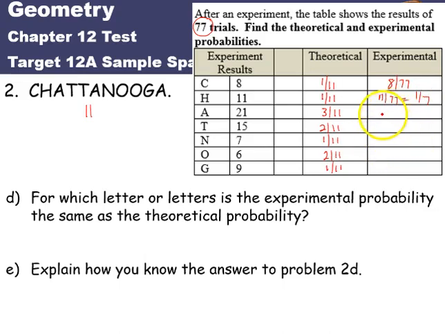That can be reduced. Okay, they chose an A 21 out of 77 times, and top and bottom can be divided by 7, and I get 3/11.